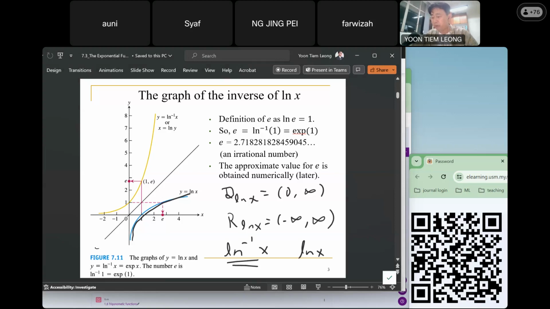And we mentioned earlier, when we studied the inverse of a function, that the range and domain of the inverse of a function are exchanged with the range and domain of the ordinary function.